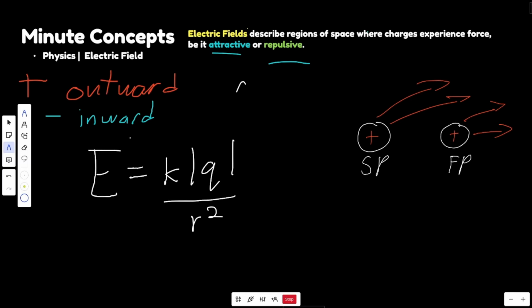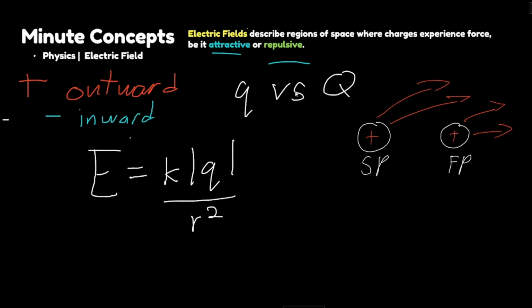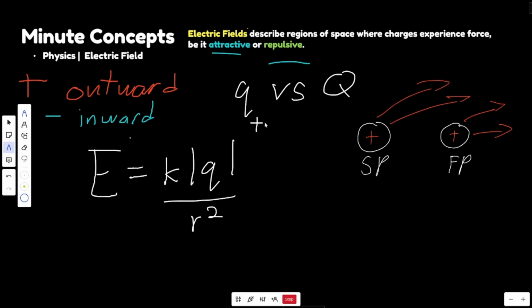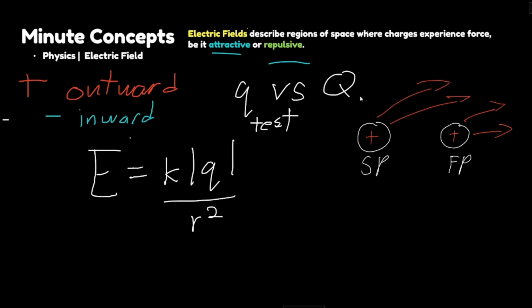Now this Q, small q versus big Q, they're not really that different. They both refer to charges, the magnitudes of your charge. And in some sources, you might see that Q is a test charge, but it can also be big Q wherein it's another separate charge. So really, they're just the same thing in this context.